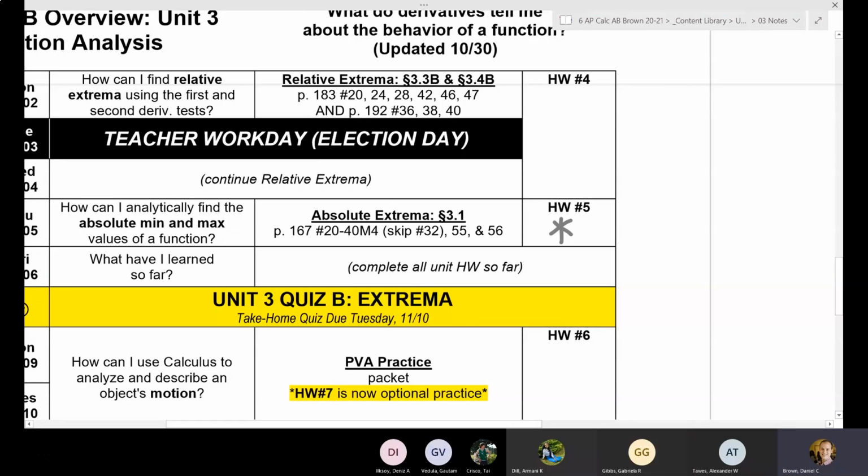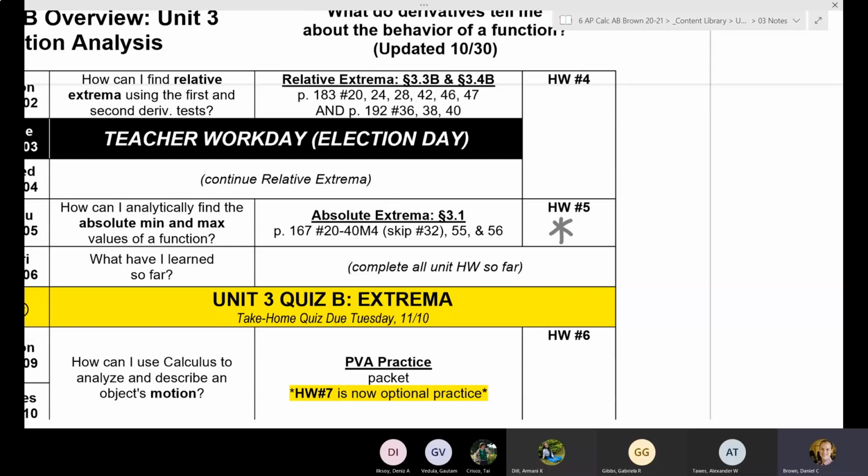I want you to do, it's actually not that many once you start counting it out, 20 through 40, multiples of 4. Please skip 32, you do not need to know how to do the type of function in number 32. And then 55 and 56. 55 and 56 do have multiple parts, but the intervals change each time, whether you're including or not including the endpoints.